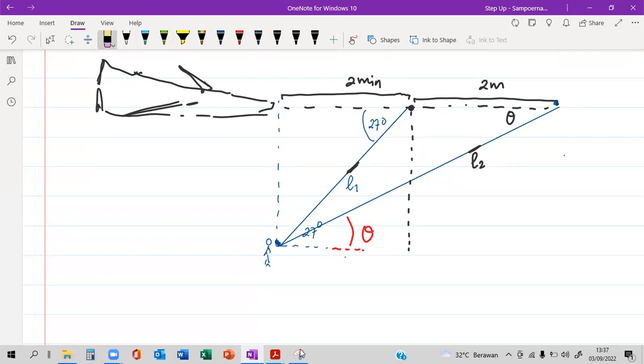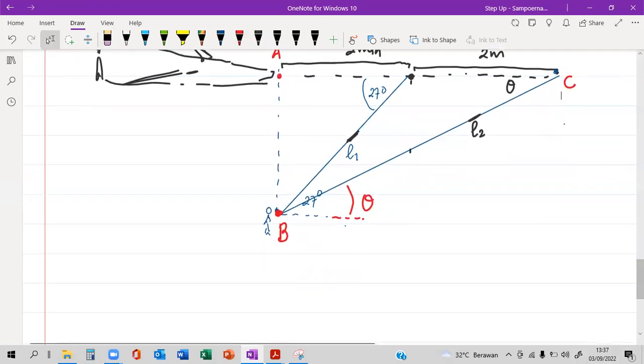I prefer to use the bigger triangle, this one. Let me call it triangle ABC.